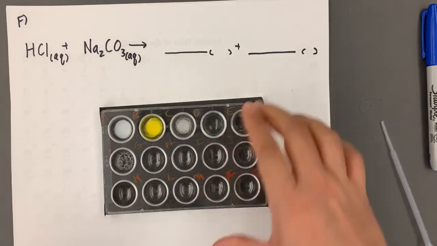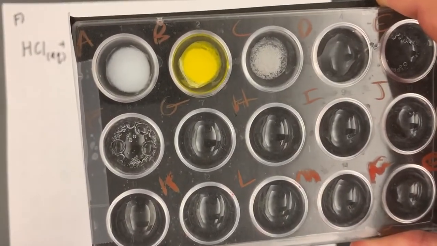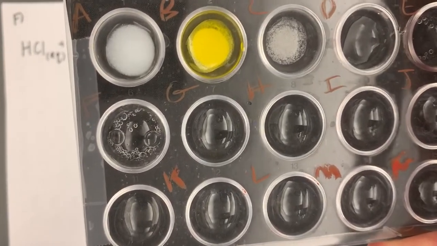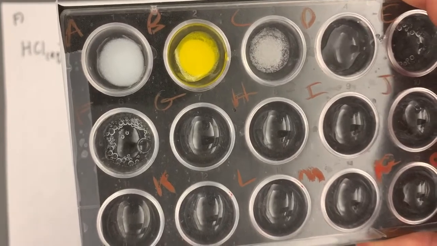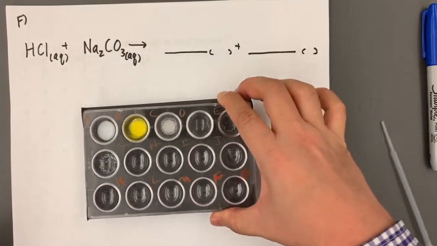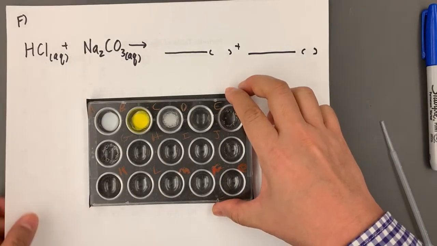If I bring the camera up real close, notice that there are bubbles appearing in that well. This is the carbon dioxide gas that is formed as a result of this reaction. So right now you should write down for your observations that you see carbon dioxide gas coming out of the solution.